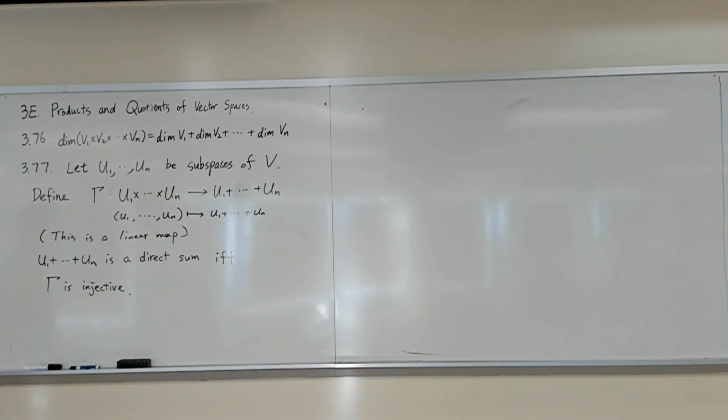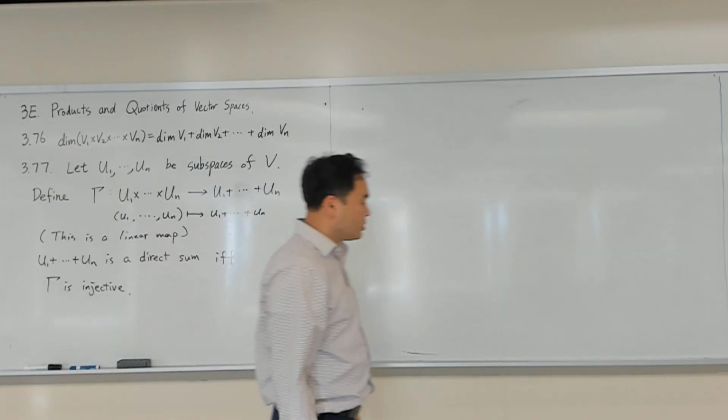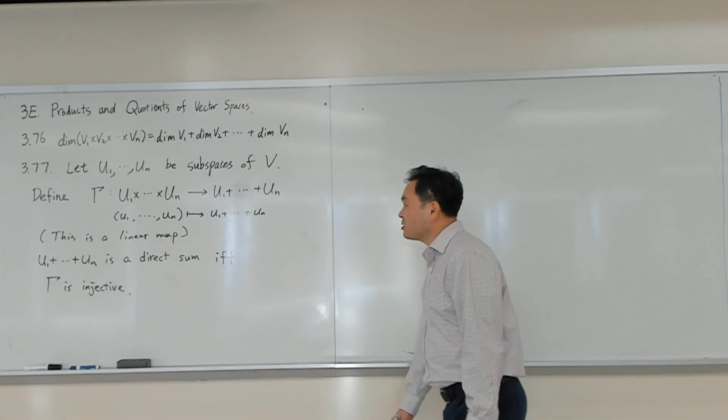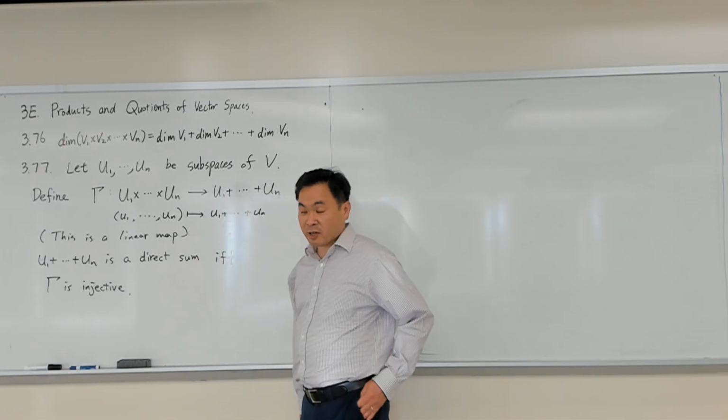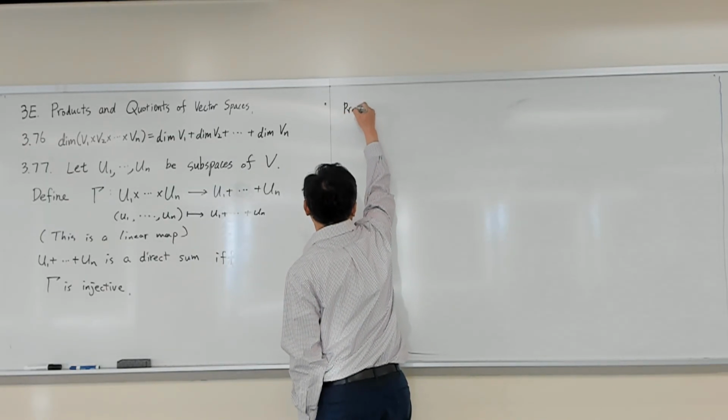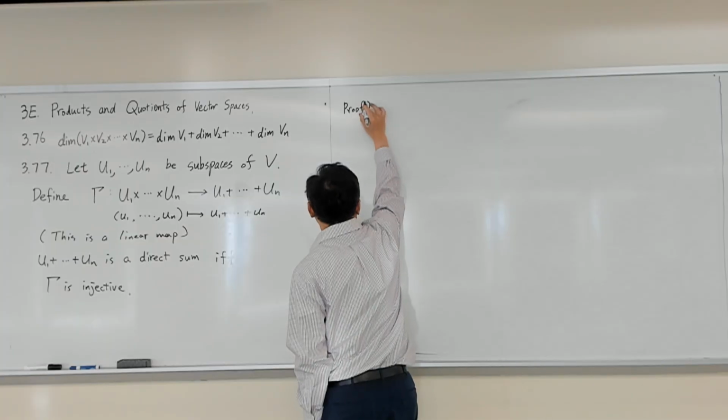And that part should be worthy of proving, because that's less straightforward than showing that this is a linear map. So let's try to prove it. Okay, proof.